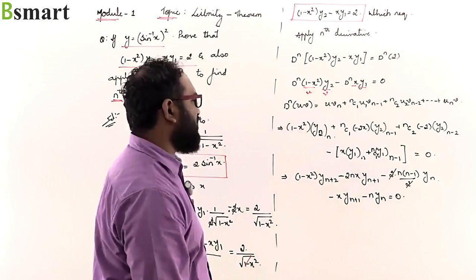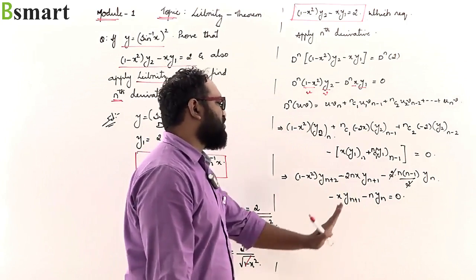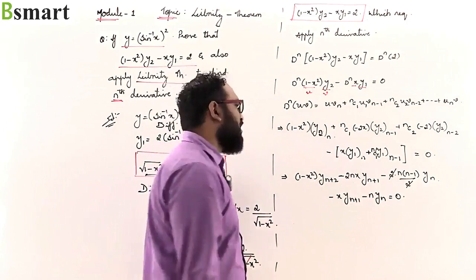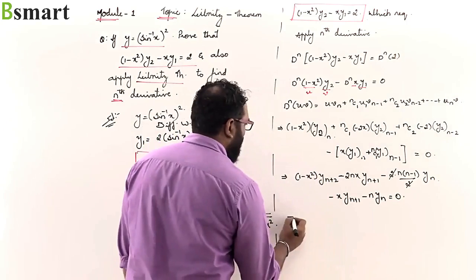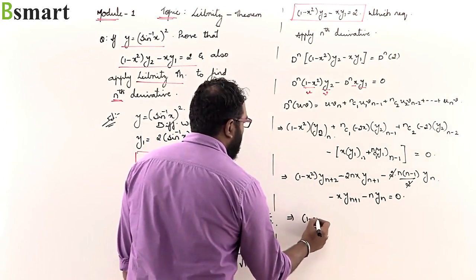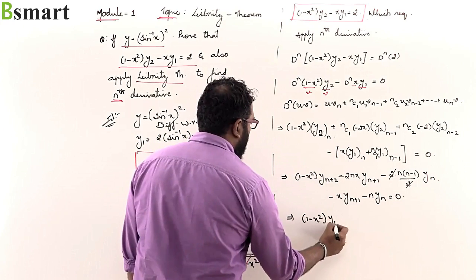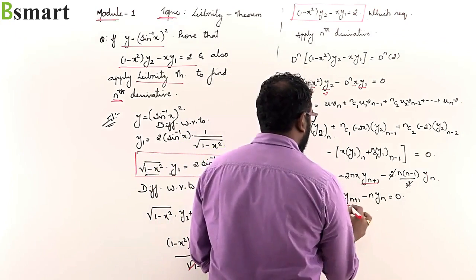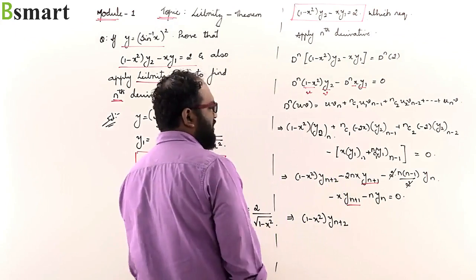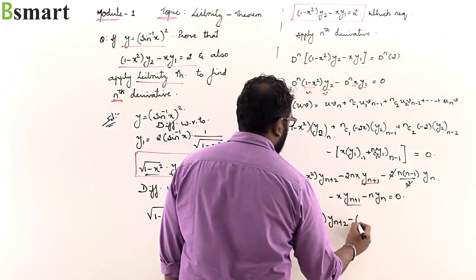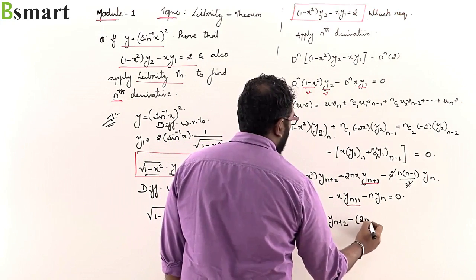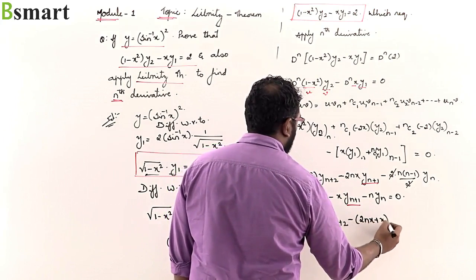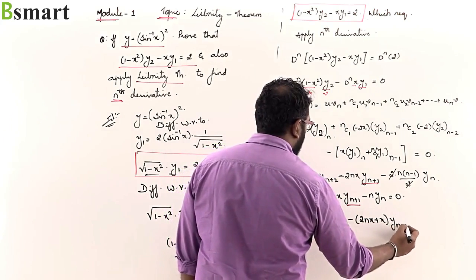Now rearrange the terms, the yn plus 2, yn plus 1, yn terms. If we rearrange them, then what do we get? (1 minus x square) into yn plus 2. Now for the yn plus 1 terms, I'll take out minus as common. So that will be 2nx plus x into yn plus 1.